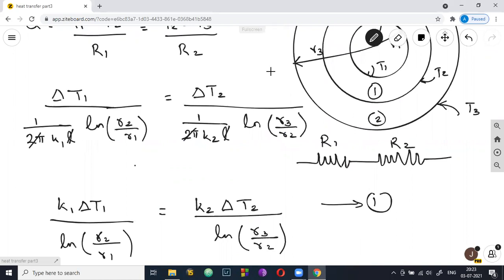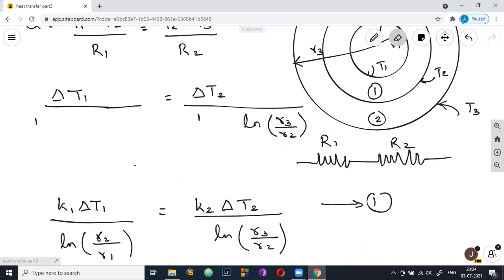Sorry. I thought this was a cylinder. This is a sphere. So there's a small mistake here. Guys, you have to do a correction here. I considered this as cylinder. This is actually a sphere.